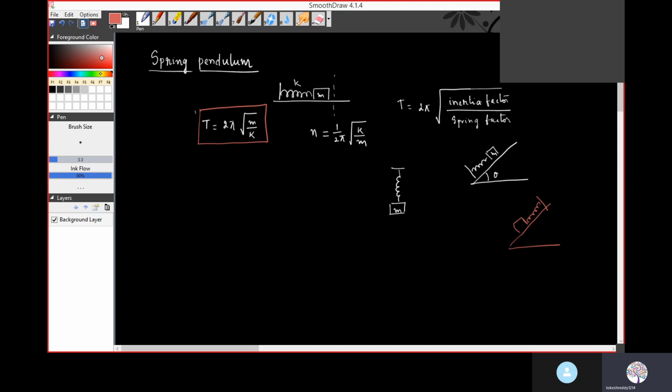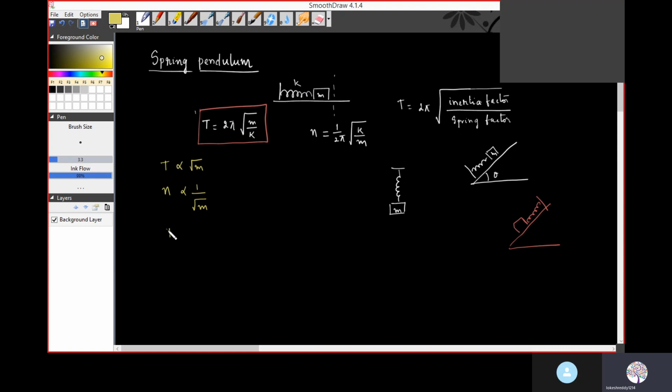So from here, what we can write is the time period T is directly proportional to root of M, root of mass, and the frequency is inversely proportional to root of M. The time period T also depends upon the force constant.